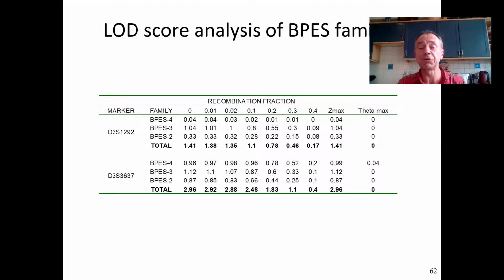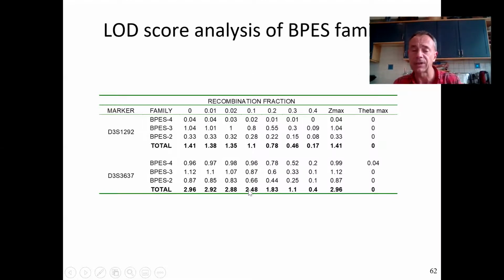So this is really looking pretty much as if there's a variant that causes this disorder, BPES, somewhere near this marker. Now, I say somewhere near, but actually it might not be very near. The LOD is nearly 3 at 0, but if you look out at 1, 2 centimorgans, it's pretty much exactly the same.